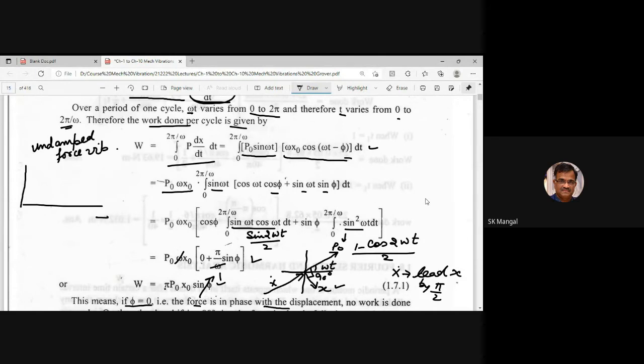Here you have the ratio of omega upon omega n, and here you have the phase difference phi. This is your one value. This is the resonance condition for the undamped forced vibration, and here the graph will be like this.